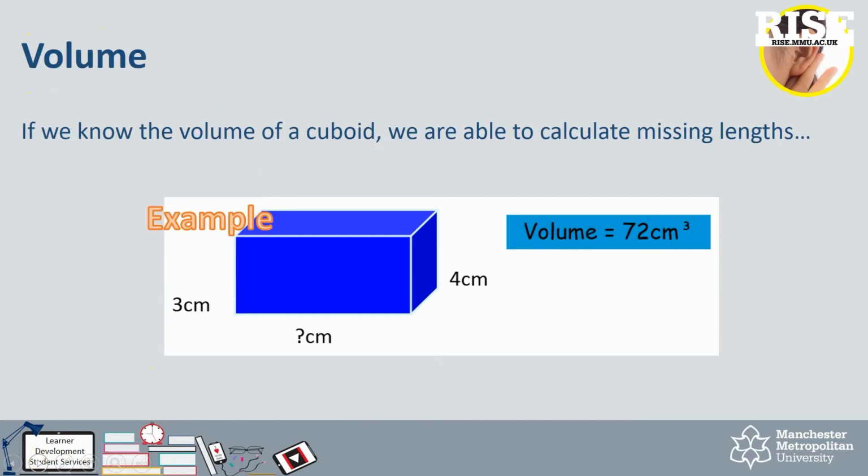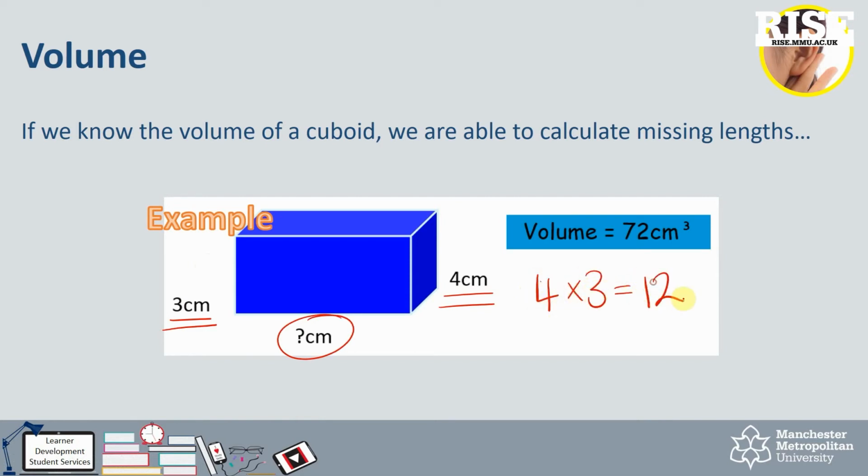If we know the volume of a cuboid then, we're able to calculate any missing lengths that we may not be given. For instance, if I know the total volume of this cuboid is 72 centimetres cubed, I know that one of the dimensions is 3, one of the dimensions is 4, and I need to find this missing one, it's entirely possible. Start by multiplying the dimensions we do know. 4 centimetres by 3.